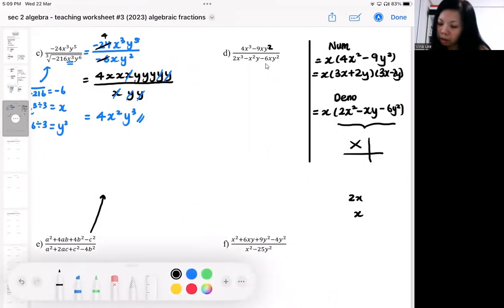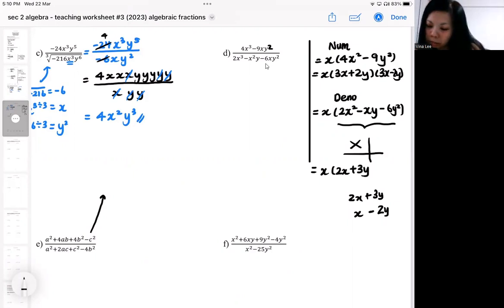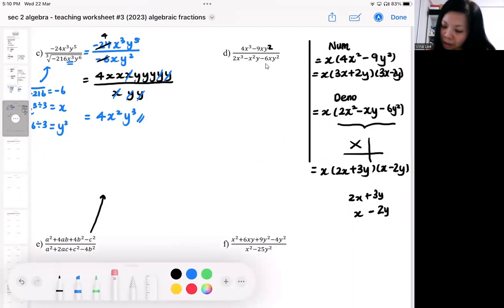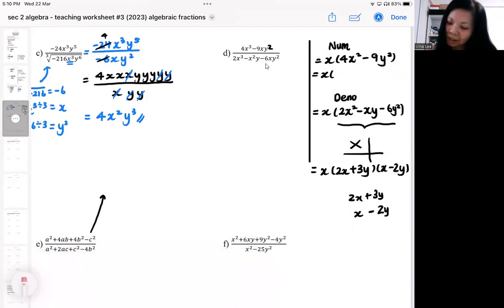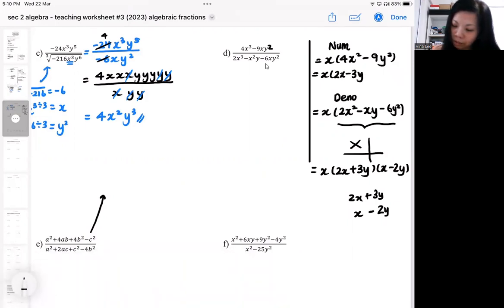Do your own method. I should get a 2y here and 3y, so I should get a minus and a plus. If I do my cross, I will get 2x plus 3y, and x minus 2y. I'm very sorry, I made a careless mistake here. This is 2x, I wrote it wrongly. This part is 2x minus 3y and 2x plus 3y.